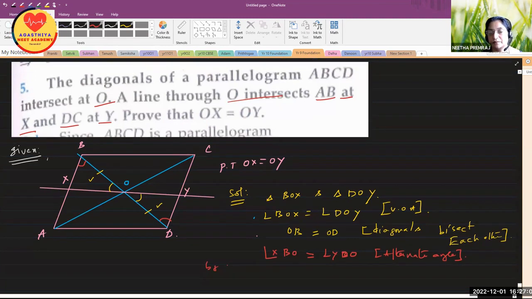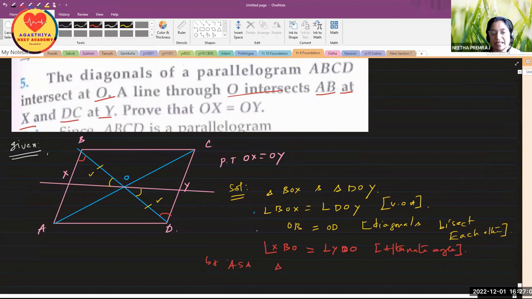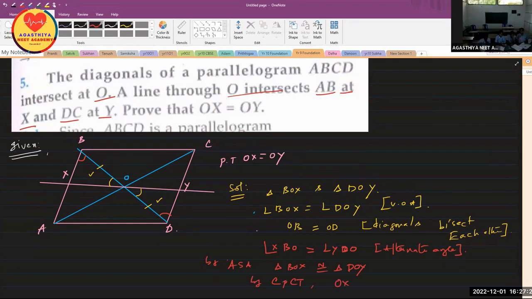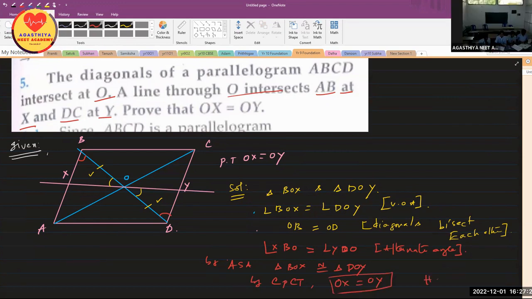Superb. ASA: triangle BOX is congruent to triangle DOY. So by CPCT, OX equals OY. Hence proved. That's it. Did you understand, guys? Okay, copy down.